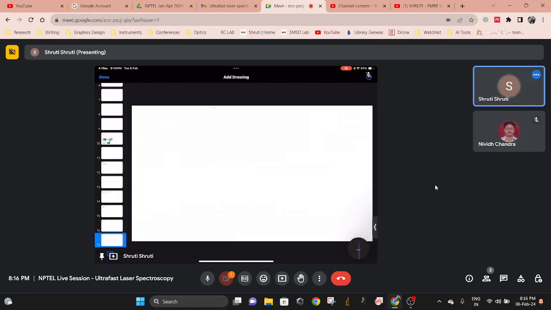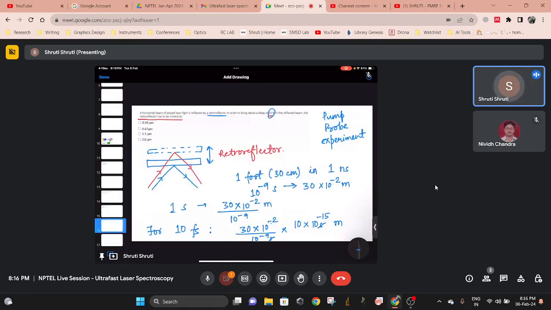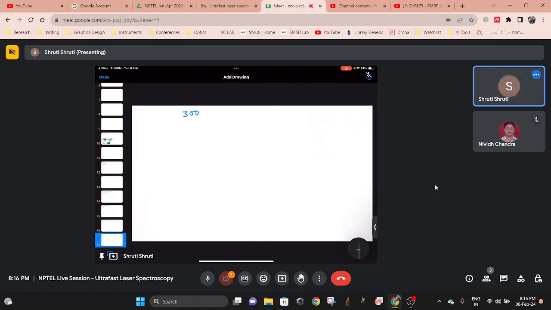So this will be 300 into 10 to the power minus 17 plus 9 meter, which is 300 into 10 to the power minus 8 meter, or 3 into 10 to the power minus 6 meter. Now 10 to the power minus 6 is microns, so the path length should be 3 microns.